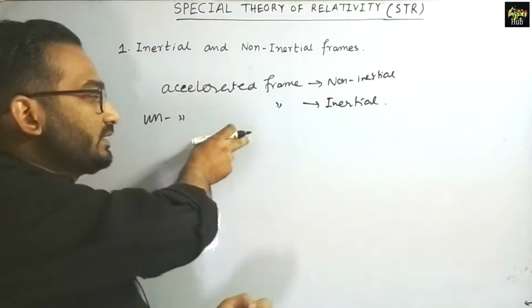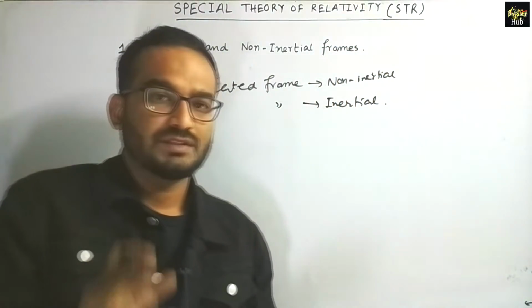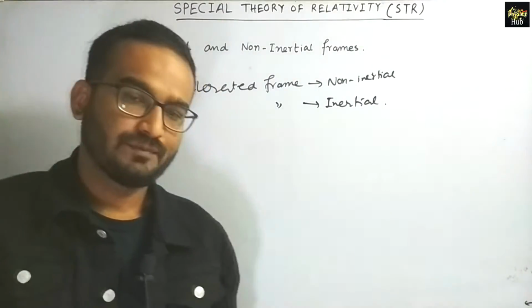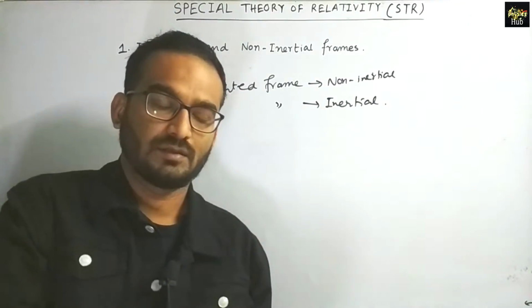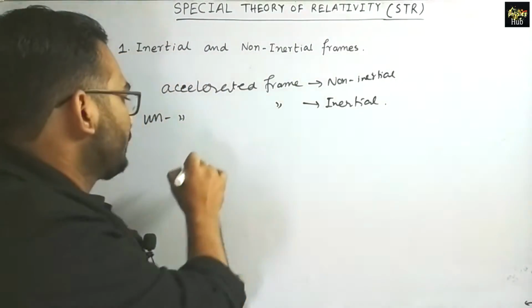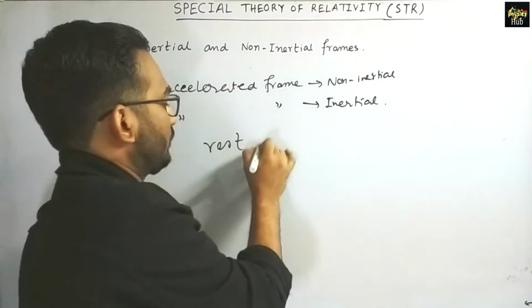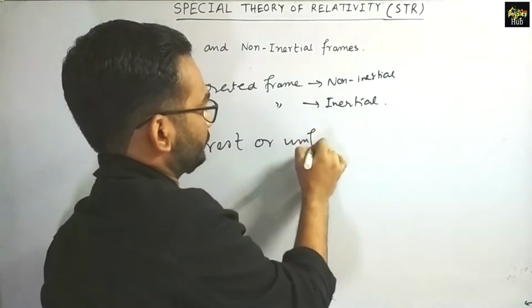Unaccelerated means if we consider any particle in that particular frame, until and unless any force acts on that particle, it will remain in the state of rest or in uniform motion.